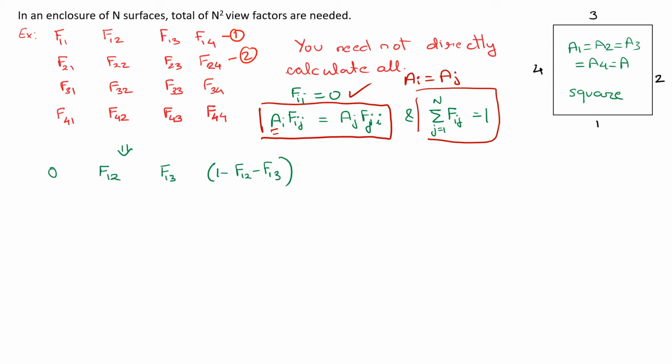So doing that, for our first equation, our F11 is 0, our F12 is F12, F13 is F13, but for F14, for equation 1, we can write our summation rule as F11 plus F12 plus F13 plus F14 equals 1. Because F11 here is 0, it will give us F14 equals 1 minus F13 minus F12.